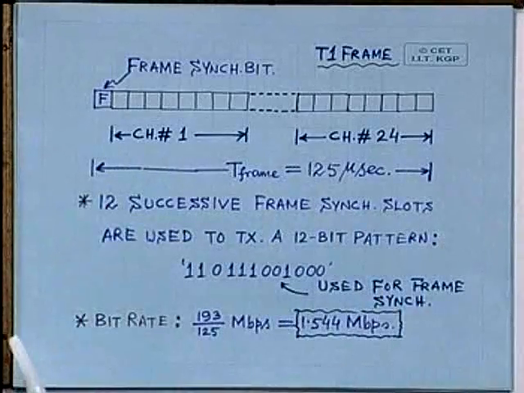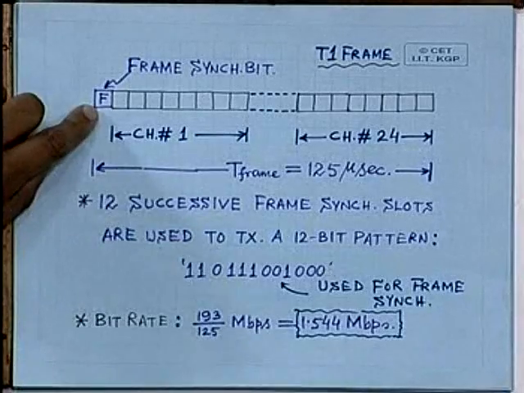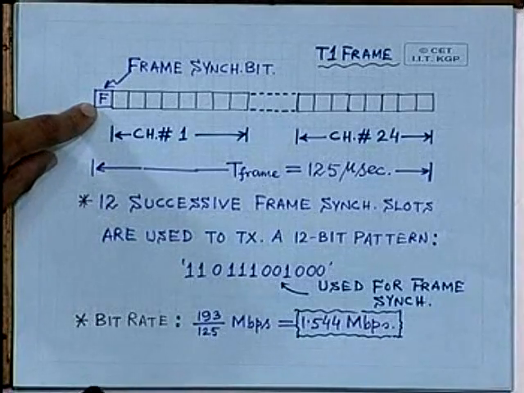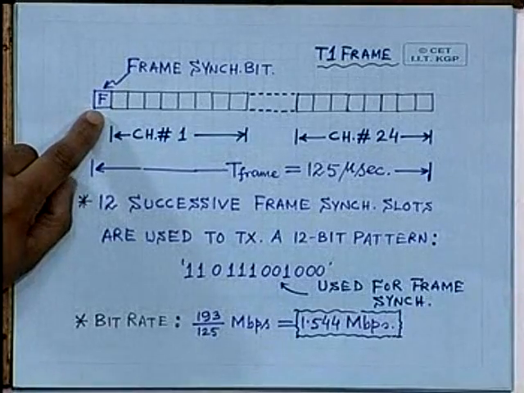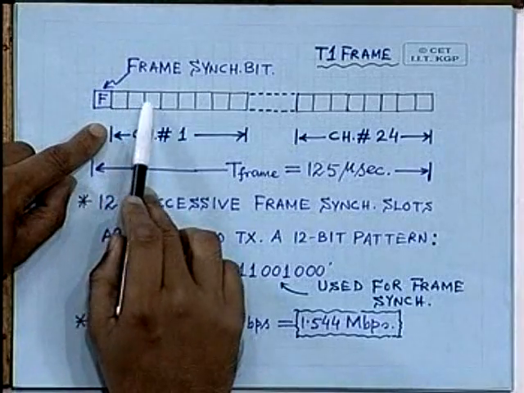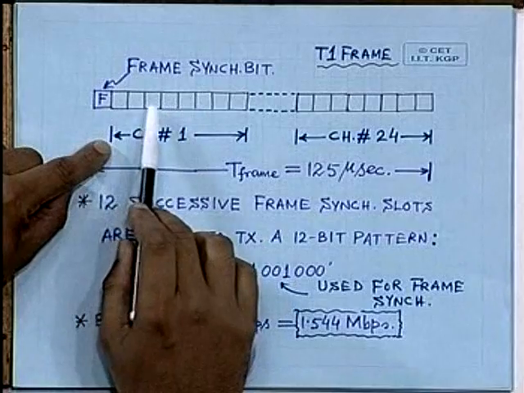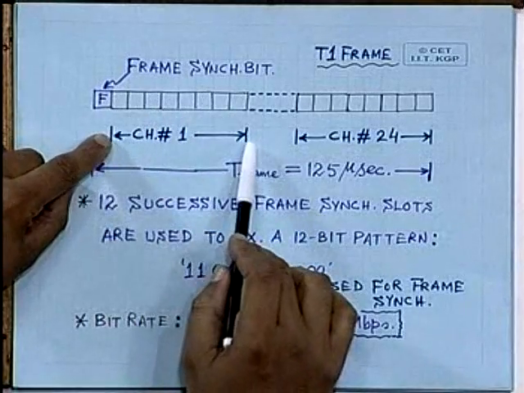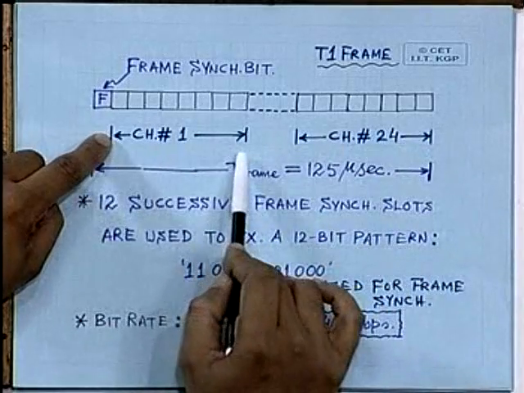Before that, let us have a quick look at the frame structure. Perhaps you understand by this time. The only thing is that the frame synchronization bit or frame overhead bit, 1 bit, is usually put at the beginning of the frame, and then these are individual slots. I have shown here 8 provisions for 8 bits, and I am allocating this portion of the time frame to channel 1.